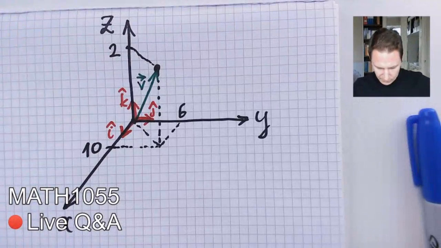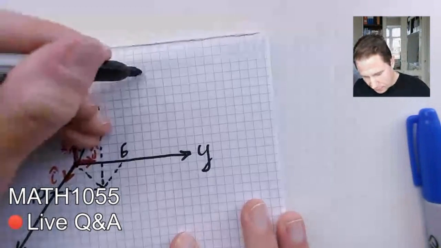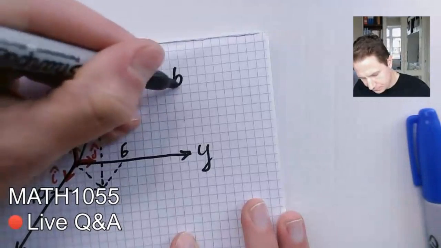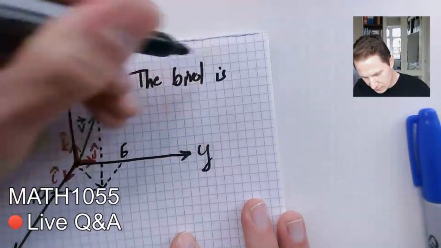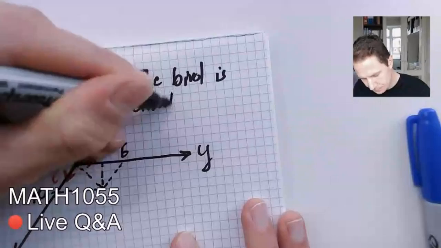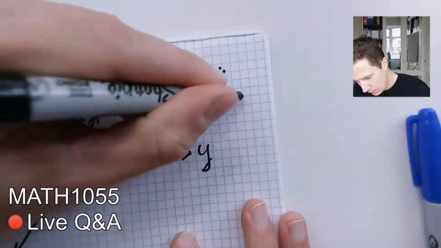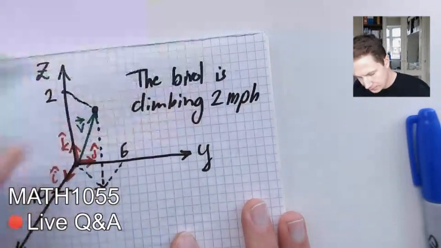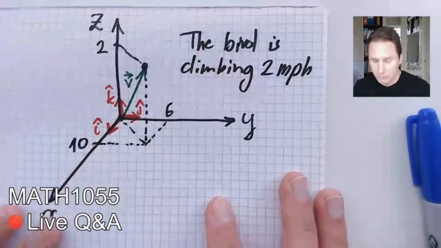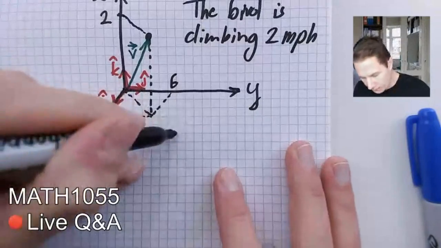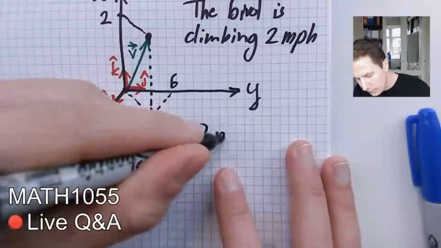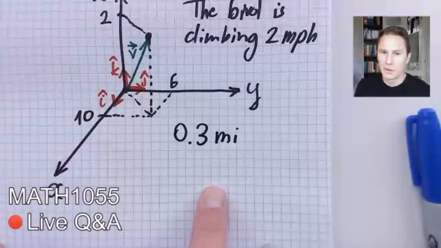So let me just say that the bird is climbing 2 miles per hour.